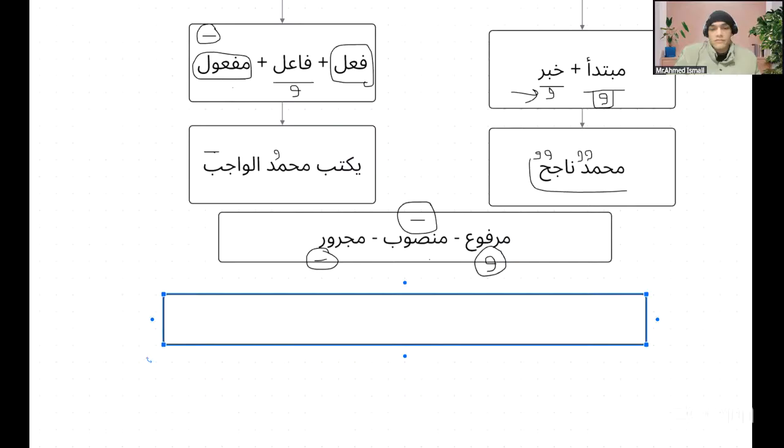We have also ka, which means like something. For example, I say this book is like a sea. How can I say that in Arabic? I say هذا الكتاب كالبحر, is like a sea, which means this book has a lot of knowledge in it.